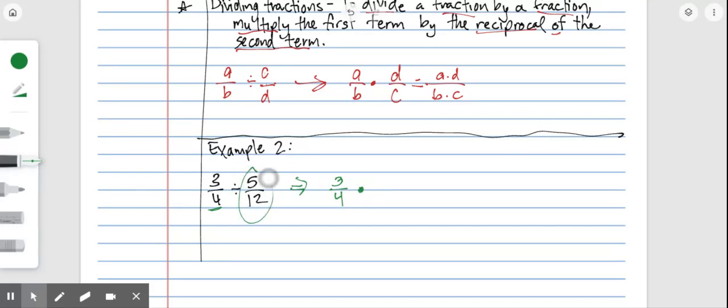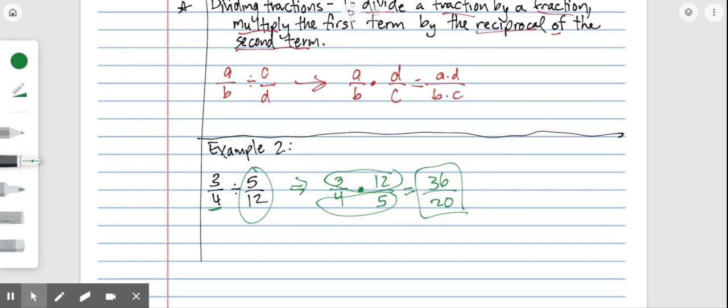So I need to invert this. Instead of 5 over 12, it's going to become 12 over 5. And then I multiply straight across. So 3 times 12 is 36, and 4 times 5 is 20. So this becomes 36/20. And that would be my answer to that division problem.